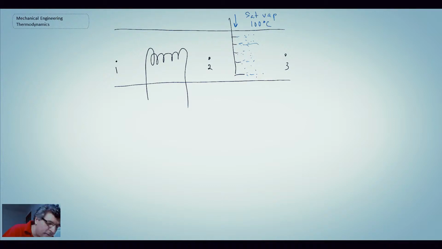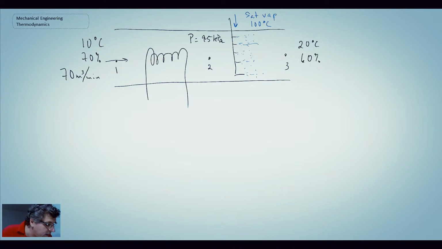We know the inlet temperature is 10 degrees C, 70% relative humidity, and volumetric flow rate is 16 meters cubed per minute. We know the pressure in the system is 95 kPa. And finally on exit we have 20 degrees C and 60% relative humidity.